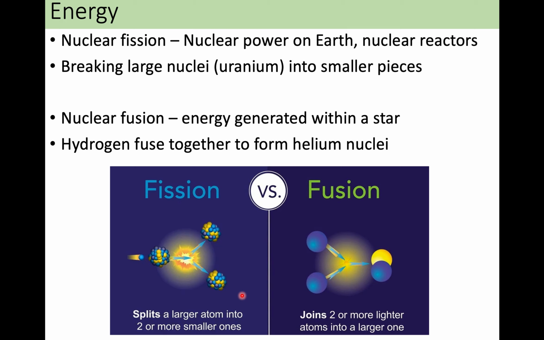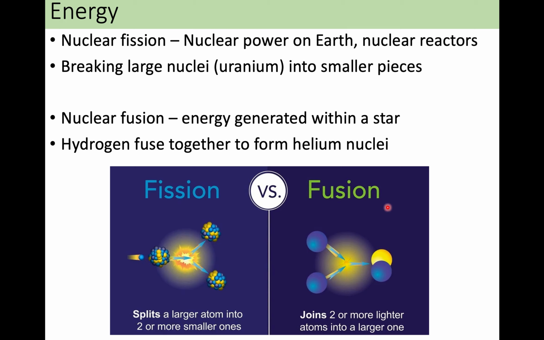In a star, we have what is called nuclear fusion. So this is the energy that's generated within a star, in the core of a star. This is where hydrogen is actually fusing together to form helium. So here we have two hydrogen fusing together, fusion, to form a larger atom.